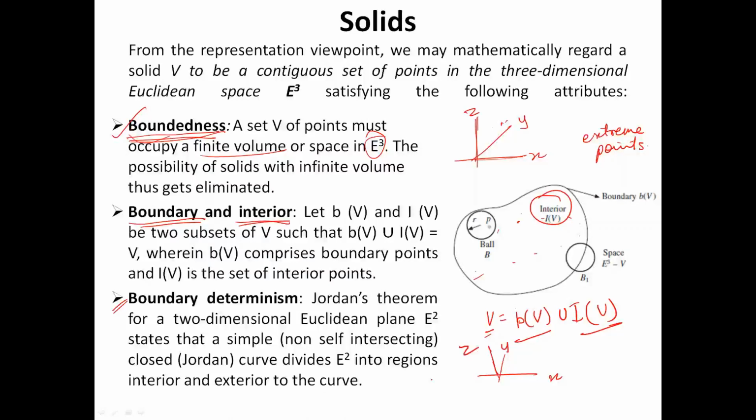The most important aspect is that if you plot a solid in two-dimensional Euclidean space, that is the xy plane, yz plane, and zx plane, these are the three planes that you will generally work on, and these are the planes that you generally work in your software also.